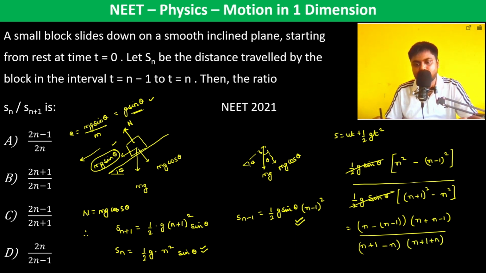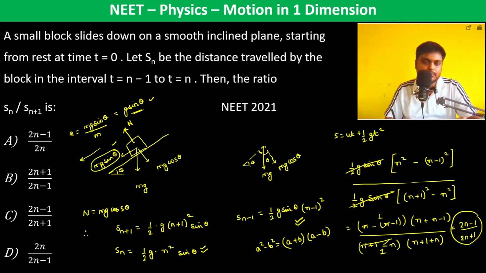We have used the formula a square minus b square is equal to a plus b into a minus b. So this is 1, this is also 1, so therefore this is 2n minus 1 divided by 2n plus 1. So therefore C is going to be the answer.